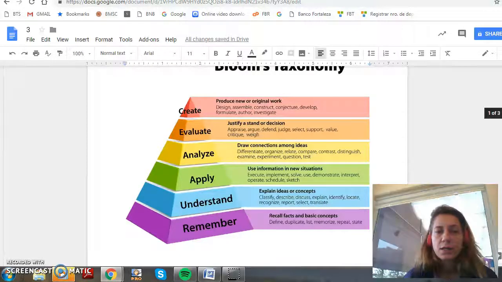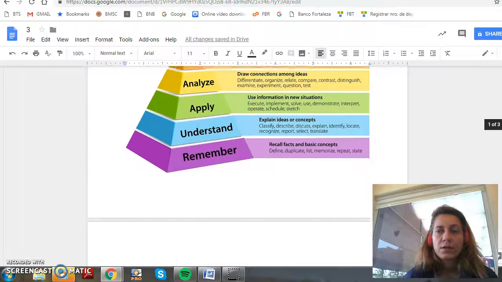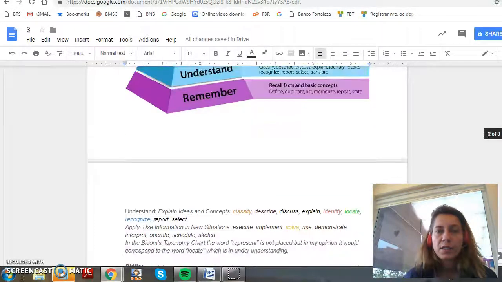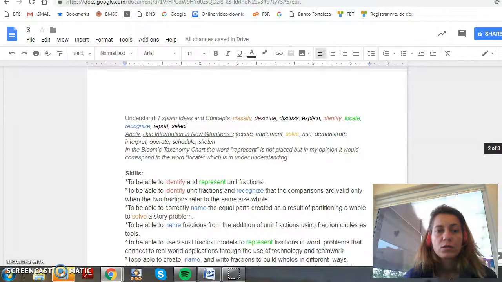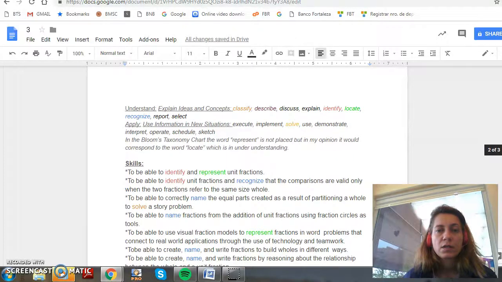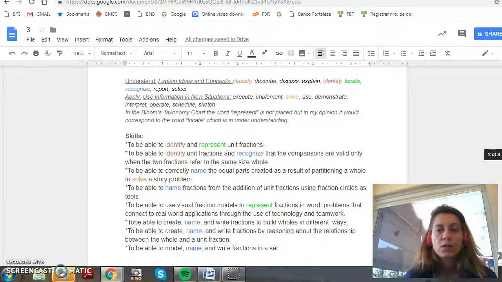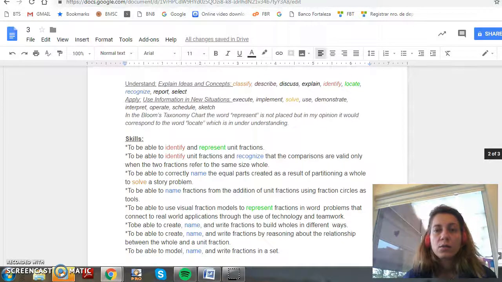Here I wanted to come up with some skills that use the verbs from understand. As you can see, I colored the verbs that correspond to the verbs in the skills section that I came up with. Skills are like objectives that I want students to learn at the end of this unit.